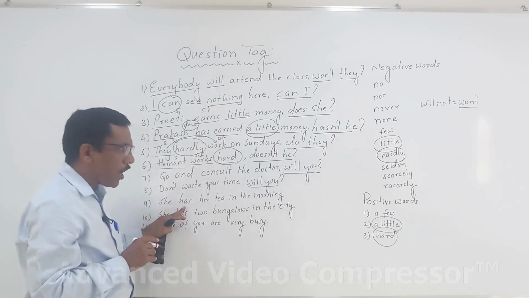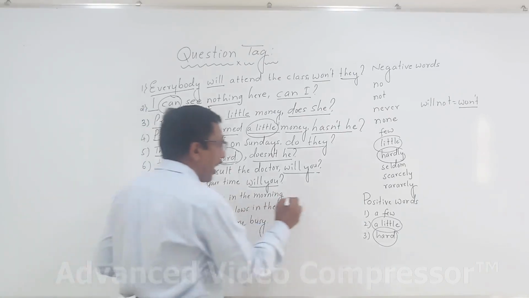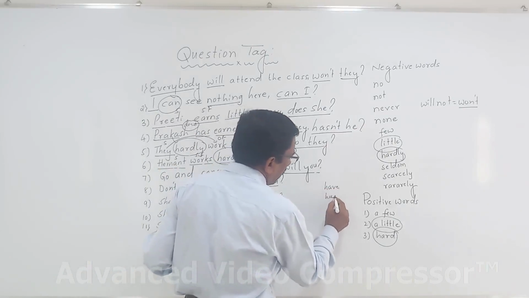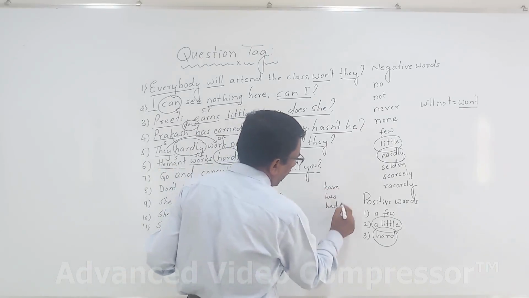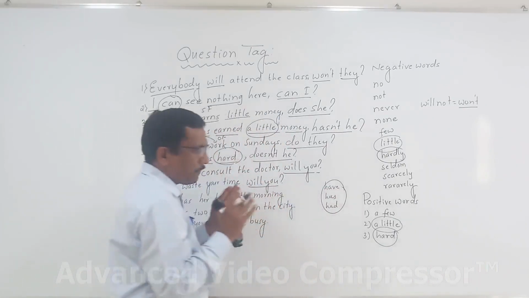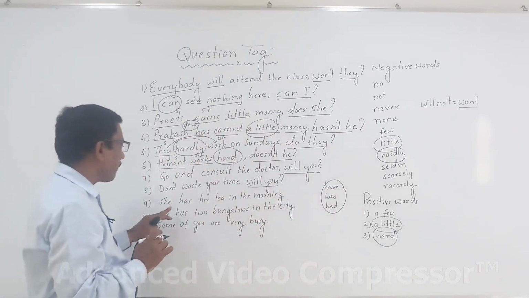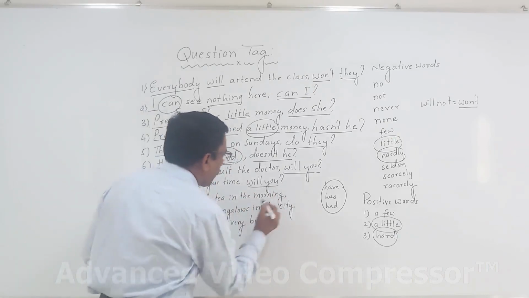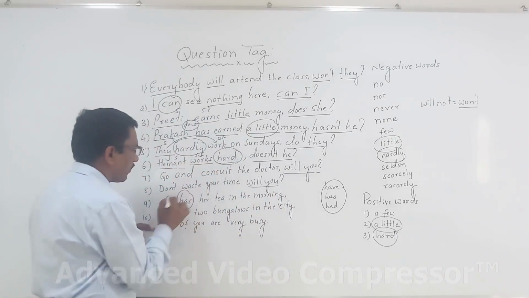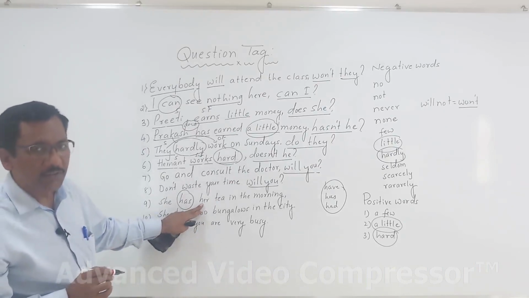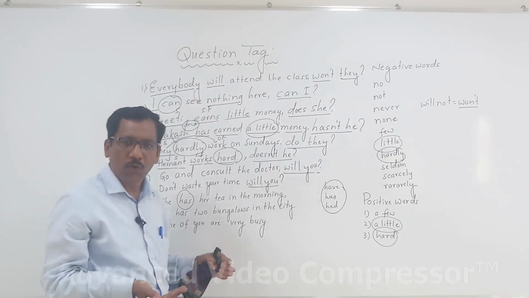Whenever have, has or had indicate habitual action of a person, we have to repeat the same pronoun. Has should be repeated. Whether the sentence is positive or negative.